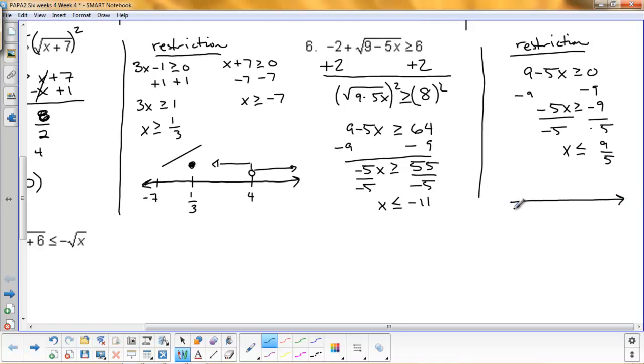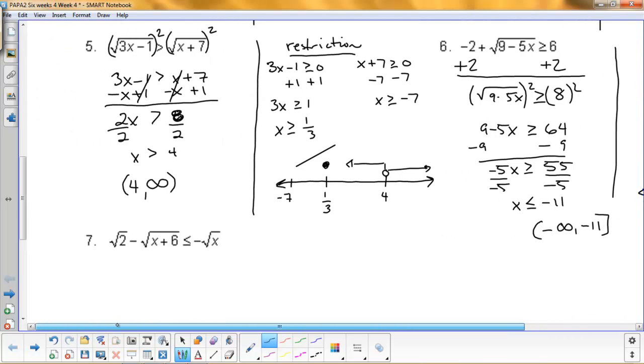So our solution, negative 11, occurs here. It goes to the left. Our restriction, 9/5, occurs here. It does not play a role in this problem. Please note when you divide by a negative, you must switch that symbol. That does not change. So negative infinity through negative 11 is the solution set to number 6.